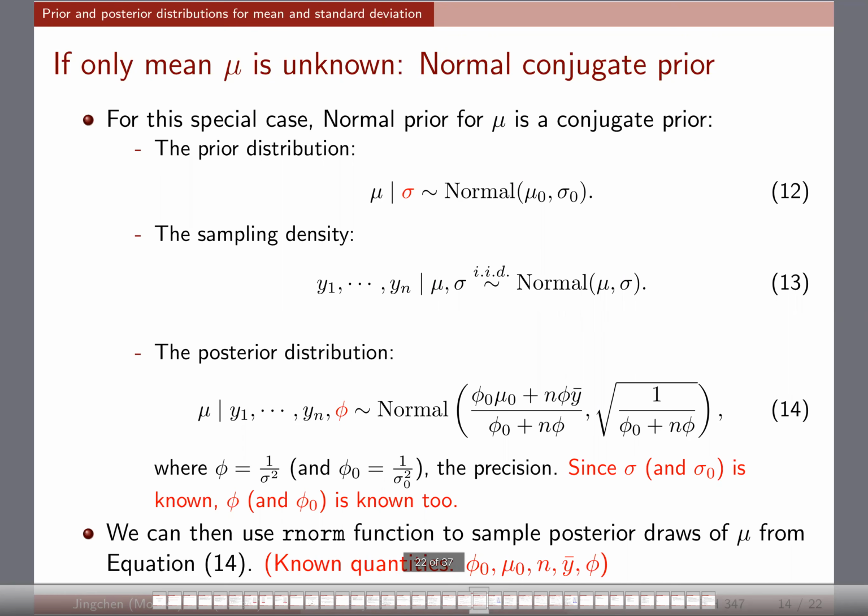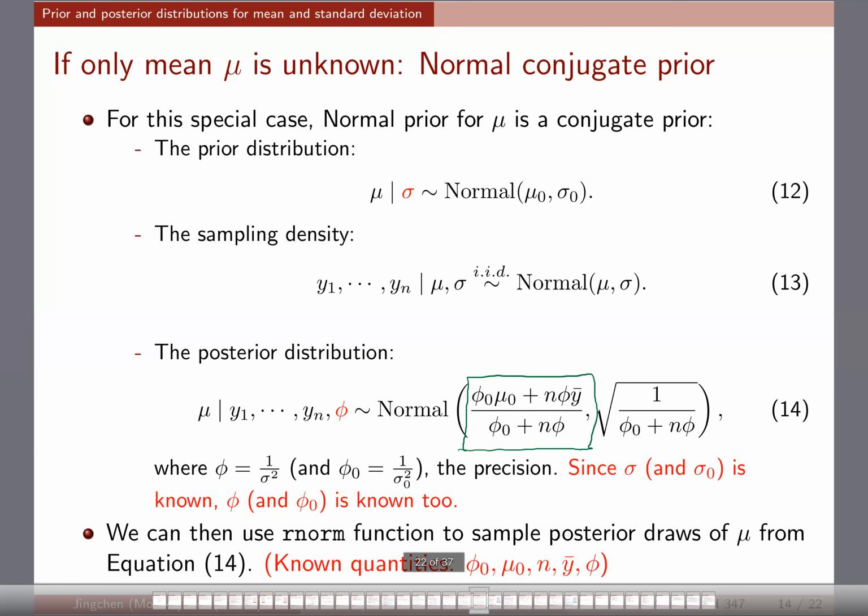But the reason, as you can see in equation 14, is that if we put it in terms of the precision, then it's easier for us to read how the posterior normal mean is the weighted average of the prior mean and the sample. You can do it in sigma squared, that's totally fine, but it's something useful to think about.